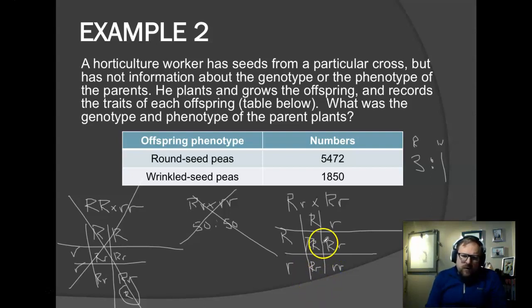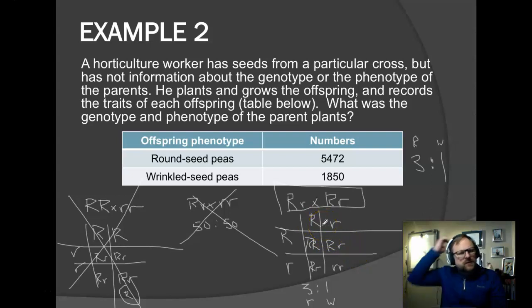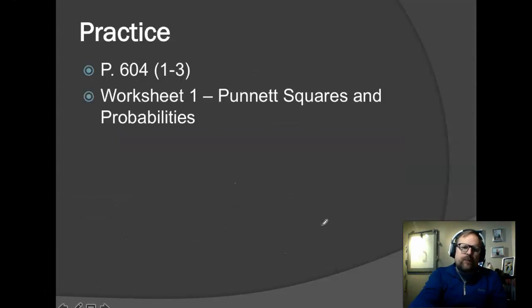If you look, 1, 2, 3 of these individuals turn out to be round for every one individual who turns out to be wrinkled. So I would suggest then, based on the ratios that we've established here and the numbers that we were given here, that the parents were likely both heterozygous for this trait. Hope that makes sense, how you reverse engineer that a little bit.